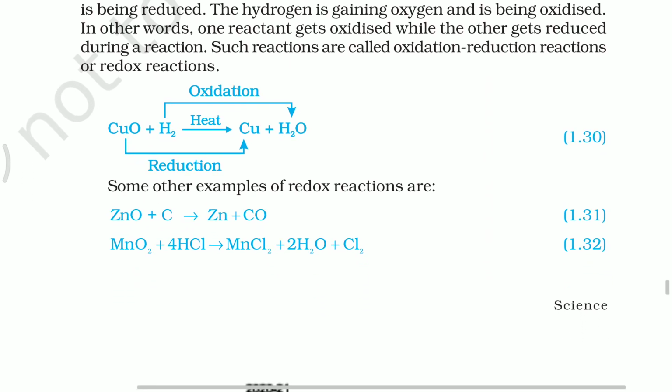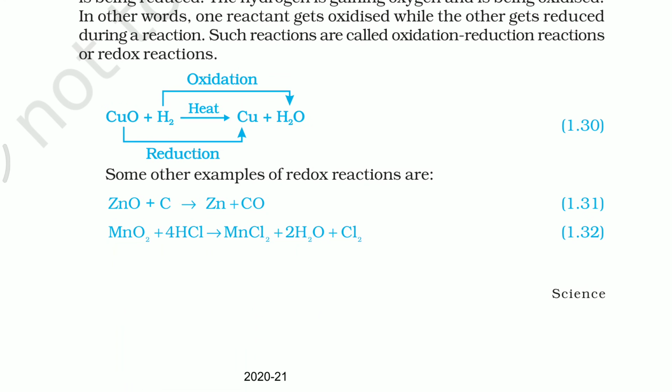ZnO plus C: zinc oxide reacts with carbon, giving zinc plus carbon monoxide. So this is a redox reaction. How? You just think about it. In zinc oxide, Zn has oxidation state +2.